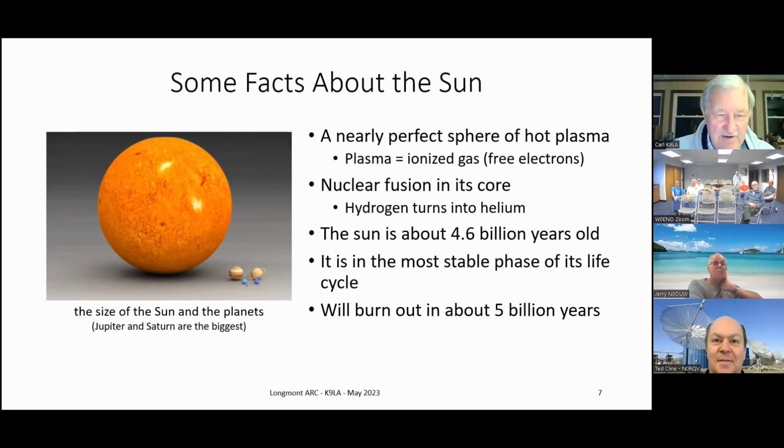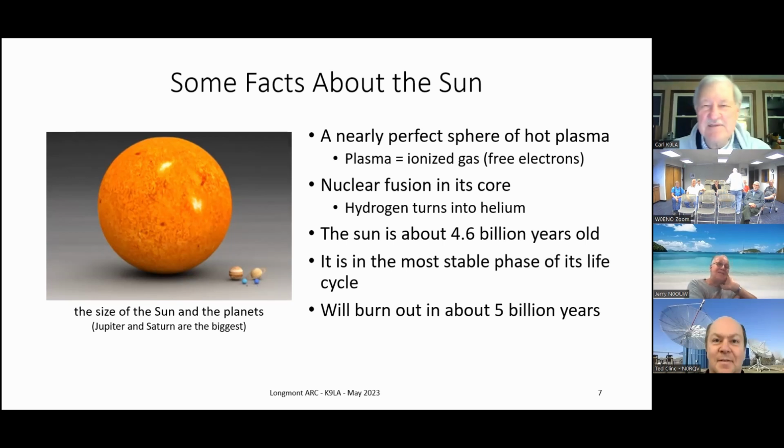If you look hard enough, you can see Mercury and Venus in there too. The two blue ones are Uranus and Neptune.